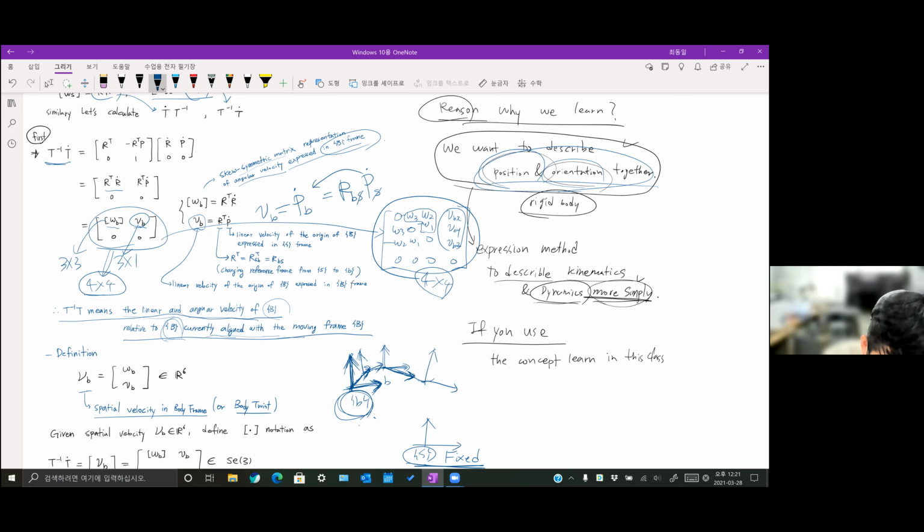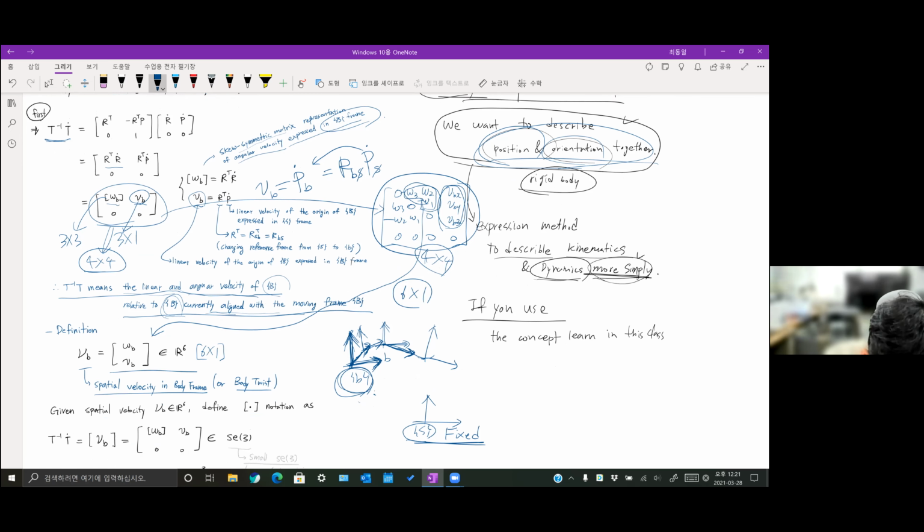So by taking the essential 6 values in here, we can make a 6 by 1 vector like this. This one is angular velocity and linear velocity, and this becomes a 6 by 1 vector.